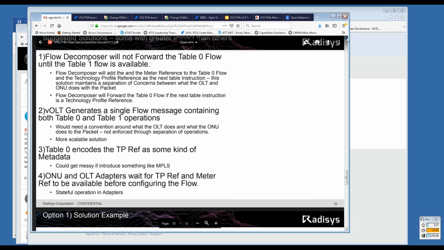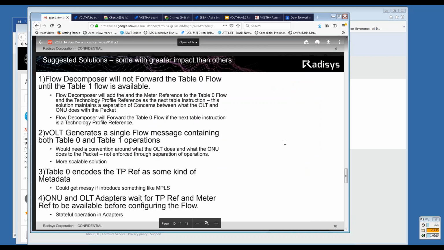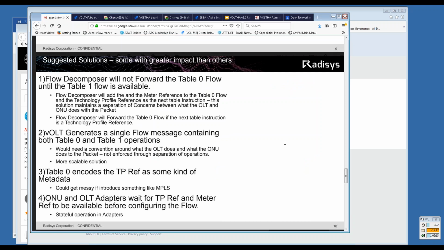So we just go down to the next slide. So the problem is basically, depending on which piece of the flow gets down to the ONU or the OLT, it either does or doesn't have the technology profile information with it.